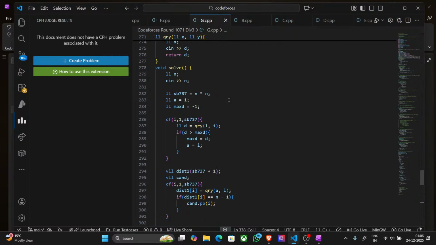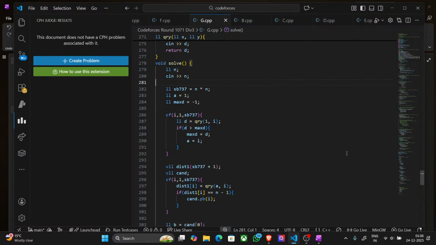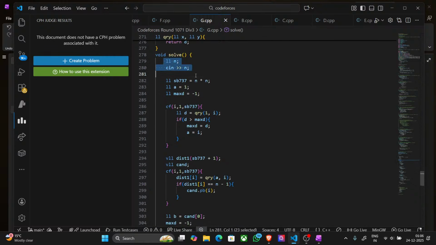Okay, so this is just the query function, and I have taken n as input. My total number of penguins is n into n. My current a is 1 and my maximum distance is currently minus 1.